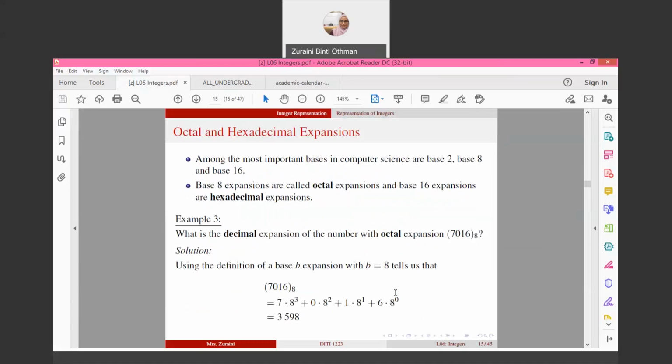Yang paling hujung ialah 8 kuasa kosong until here 8 kuasa 3 and it will times with 7, then 0 and 1 then 6. We sum it all together, then we get 3598 for this. Okay, this is easy, right? Like a recap from the previous lecture from your other subject.